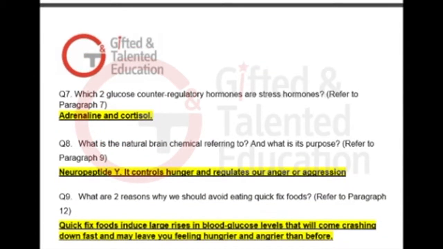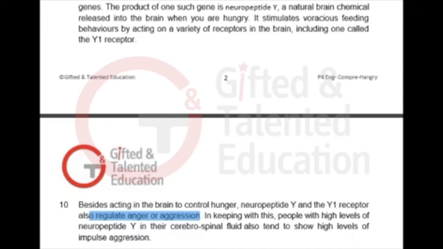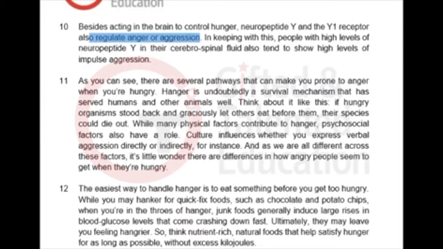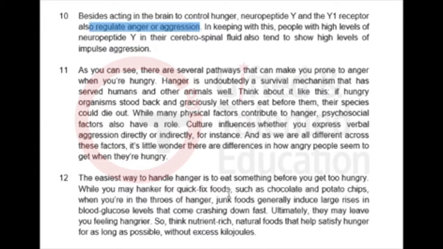Question 9. What are the 2 reasons why we should avoid eating quick fix foods? Let's go back to paragraph 12. In paragraph 12, we find out more about quick fix foods, such as chocolate and potato chips. Now, what is the reason why we should avoid eating these quick fix foods?